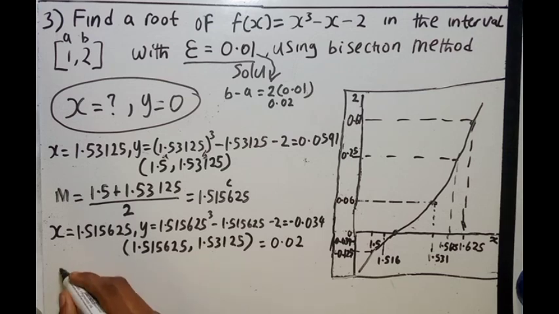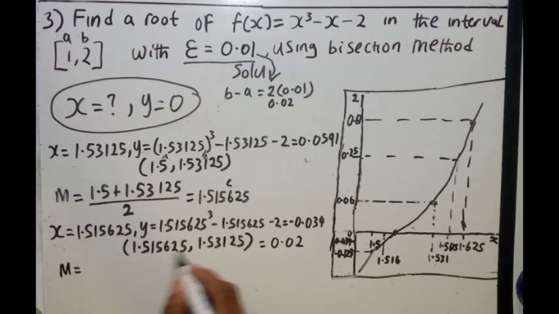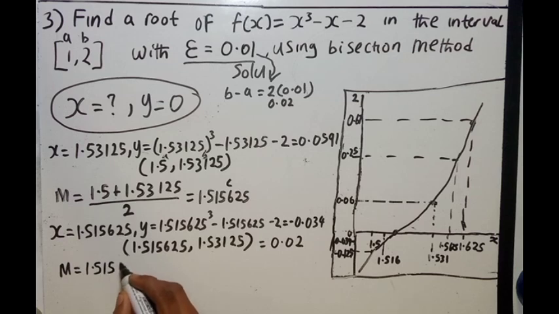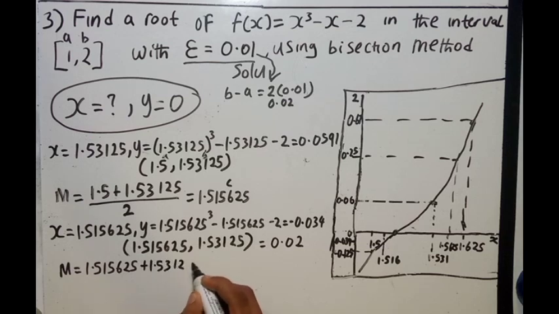So we then ask ourselves, what is in between these two intervals? We have 1.515625 plus 1.53125 over 2.